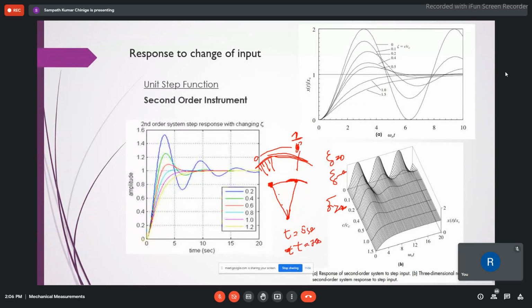There are no oscillations. Very slowly it will come and show you this. So that is the meaning of it. This is how a second order system will behave when you give a step input. Any doubts in this?